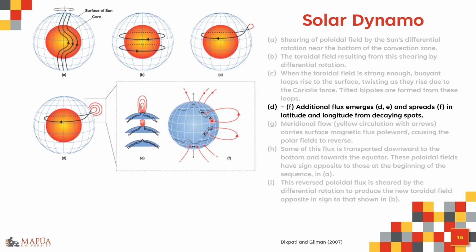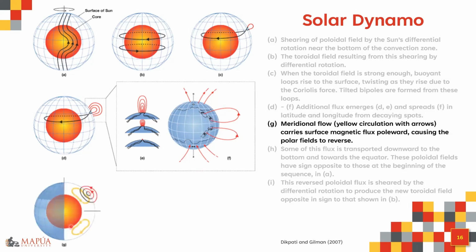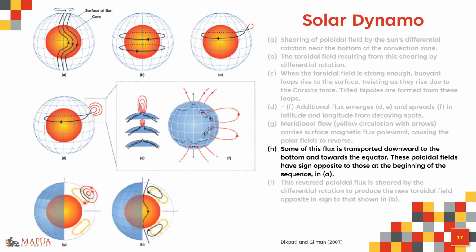Okay, so the meridional flow, that means the latitudinal flow of your magnetic flux, will cause this polarity to reverse. Okay, so going up and then it will go down at the bottom. So some of this flux will be transferred downward to the bottom of the equator.